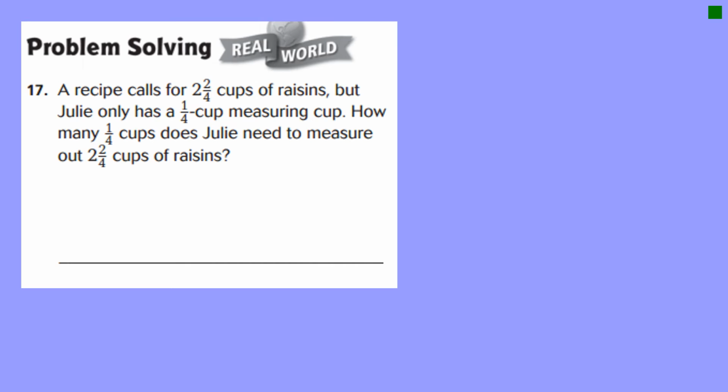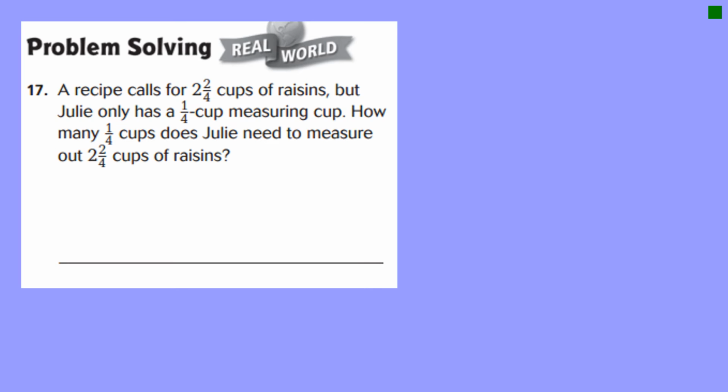All right, we're down here at problem solving. Number 17. A recipe calls for 2 2/4 cups of raisins, but Julie only has a 1/4 cup measuring cup. How many 1/4 cups does Julie need to measure out 2 2/4 cups of raisins?